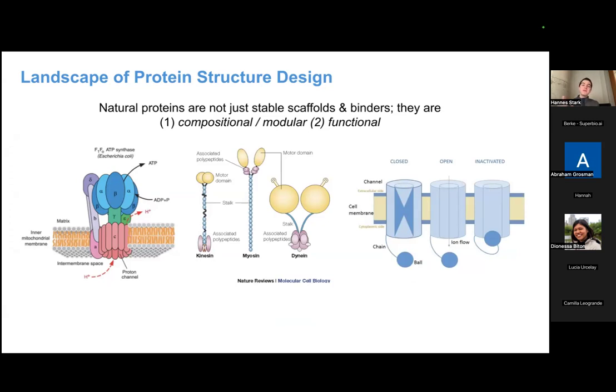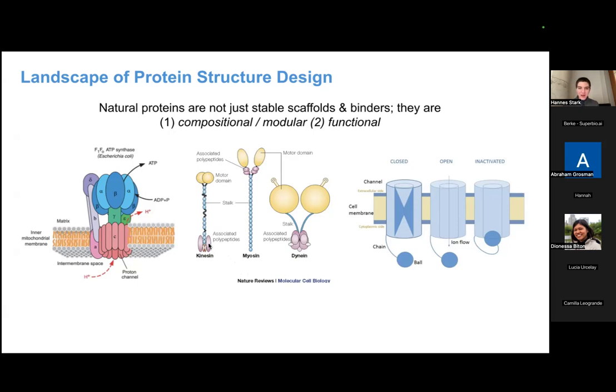Because the proteins that fulfill important functions in nature are not just a binder or a stable scaffold. They are compositional molecular machines made out of multiple domains that each have their own functions. As an example, we can look at these transport proteins here in the middle, for example kinesin.